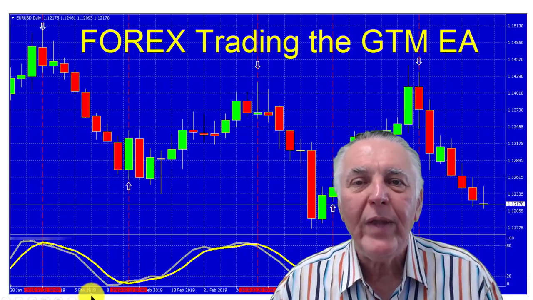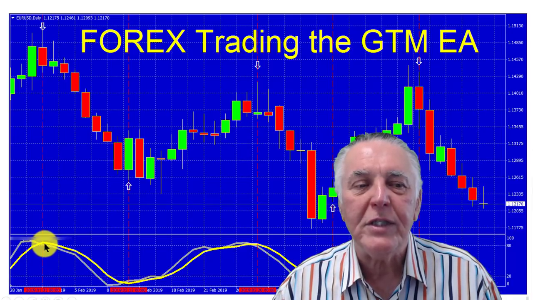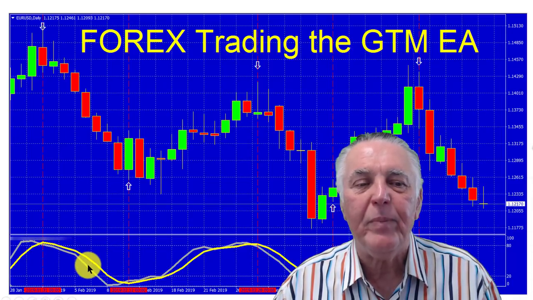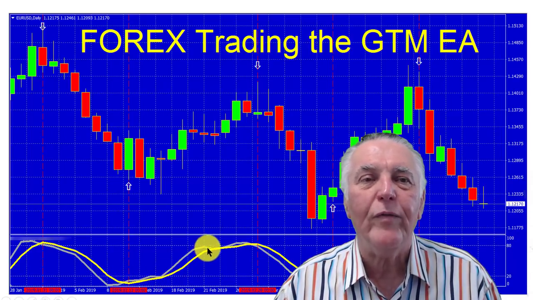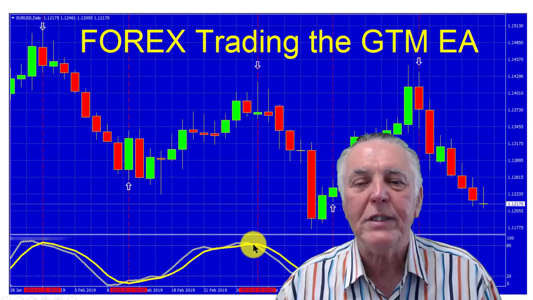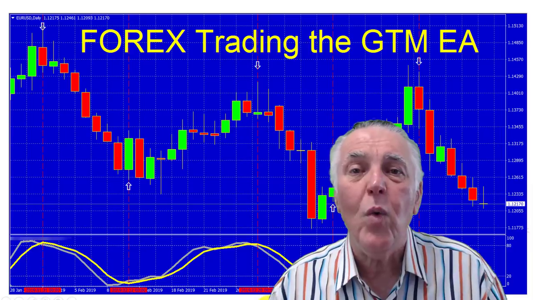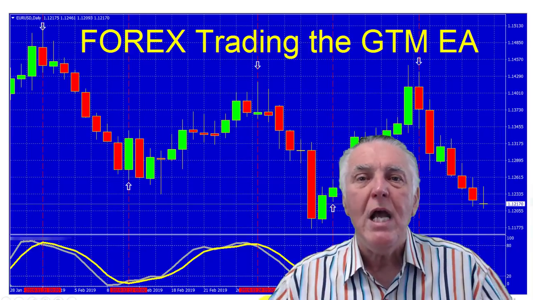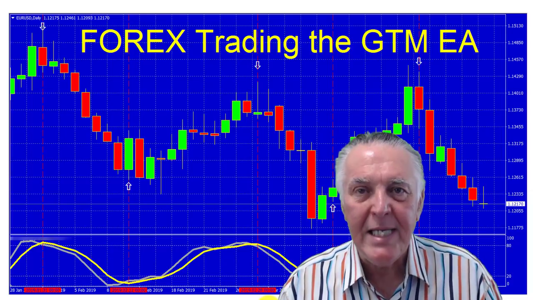So when they cross at the top, as shown here, it is a signal to sell, and you can see they stay separate for a very long time until they cross again, which is a signal to buy, and they stay that way for a very long time and then cross again, and so on. So this is a way of catching really big trends using this particular type of indicator.